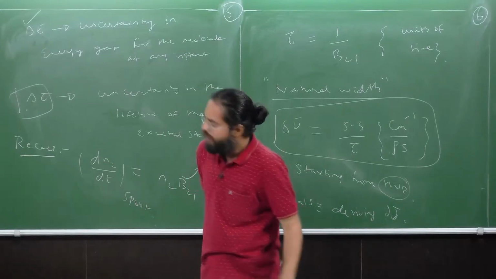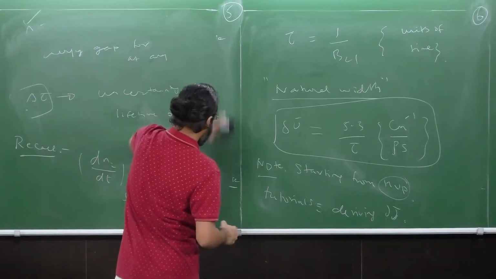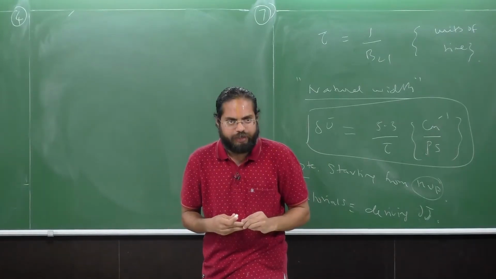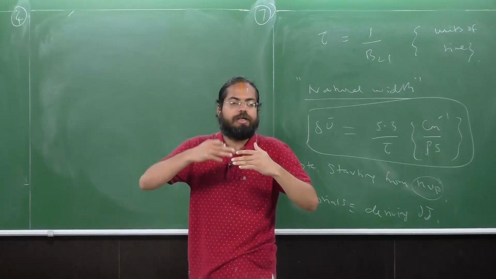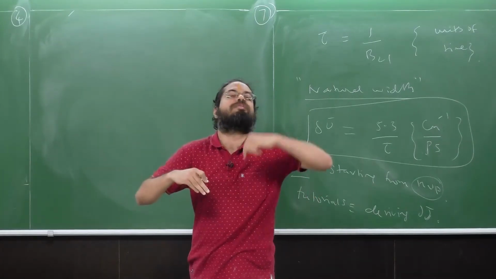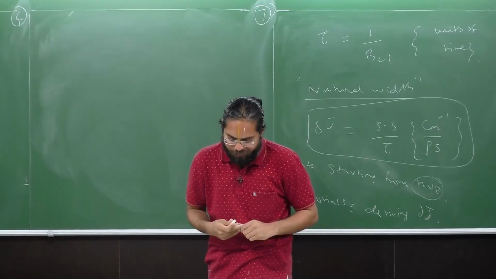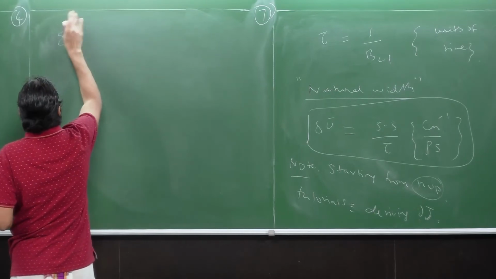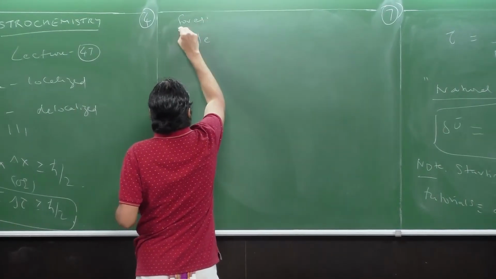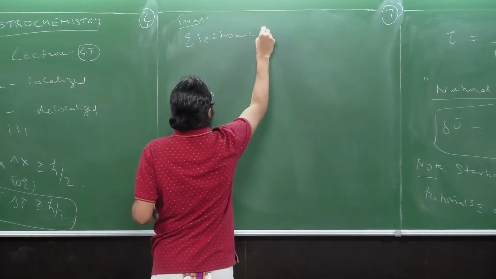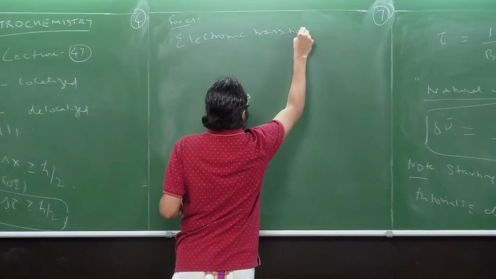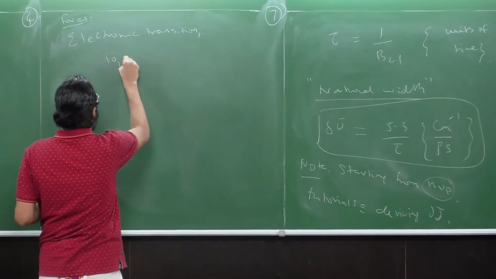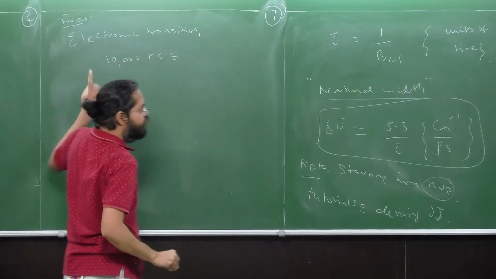In fact, it can also be said that your transitions can be of different types. It can be electronic transitions, that is a change from one electronic state to another, or a vibrational transition, or a rotational transition, etc. Now, for example, if you consider an electronic transition, which occurs on the order of, let's say, approximately 10,000 picoseconds.